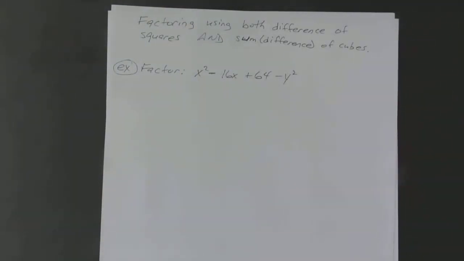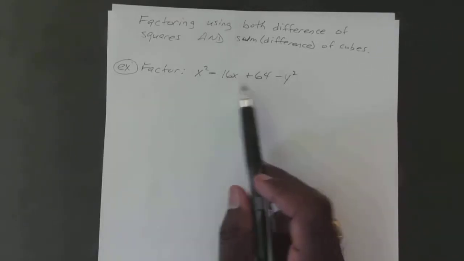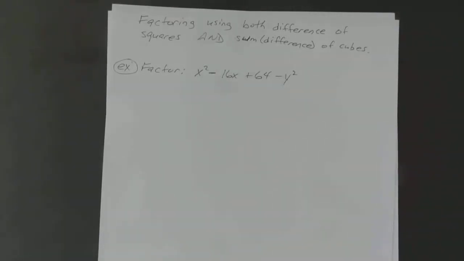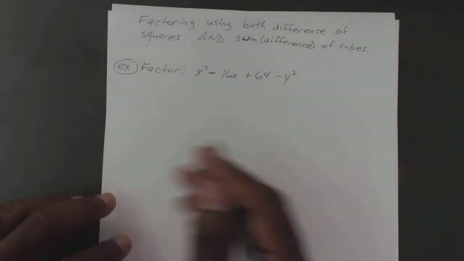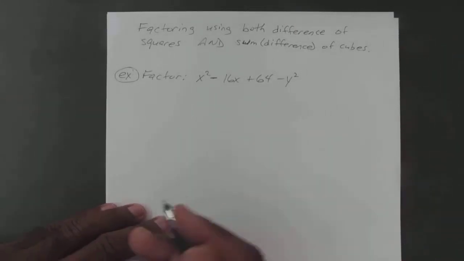Okay. And up till now, when you saw 4 terms, first thing you think is, okay, I can use factor by grouping. The only thing that throws this one off is the fact that that's a y. So now if you try factoring by grouping, that binomial wouldn't match up, so you wouldn't be able to factor it out. Okay. So now, this is where you have to factor using your sum, difference of cubes, in some cases.